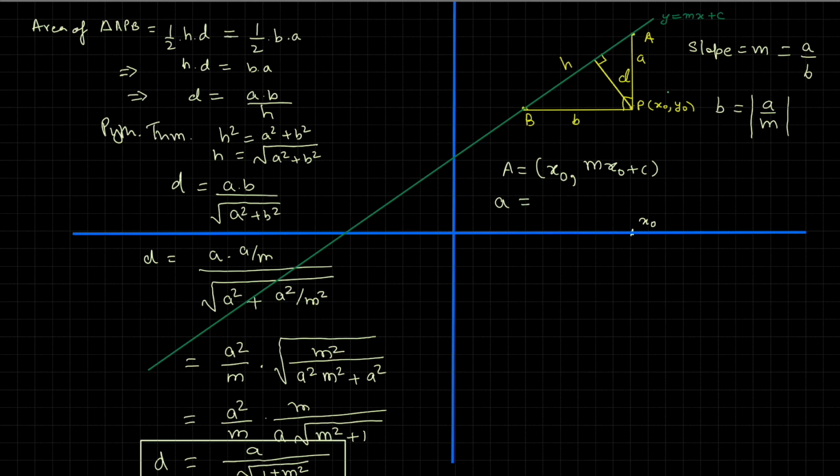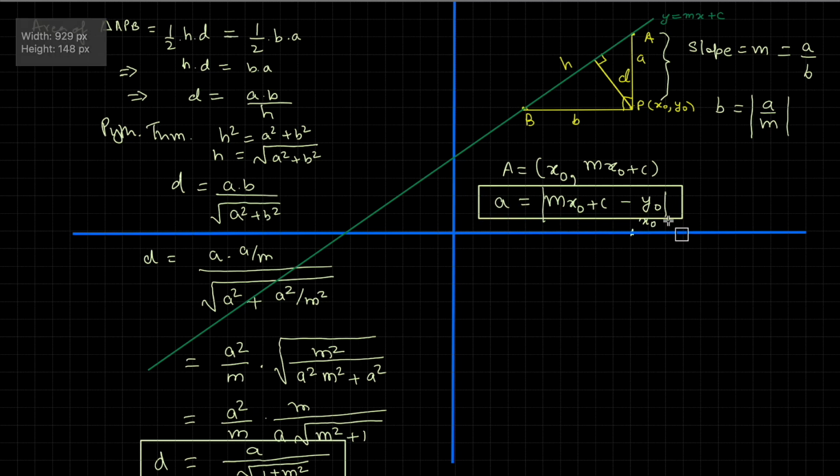Now distance a can be calculated by doing the difference between the y coordinates of P and A. So this will be mx0 plus c minus y0. So the y coordinate of A minus the y coordinate of P. And I'm going to put an absolute value around it because it's a distance. So this is the formula for a.